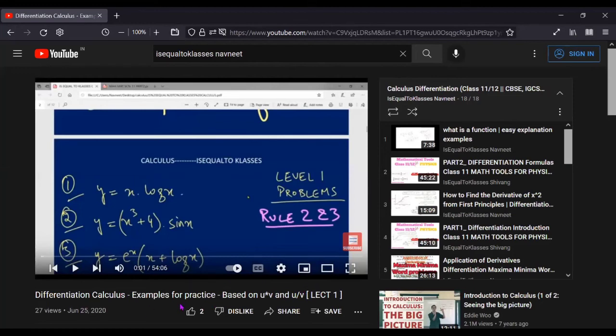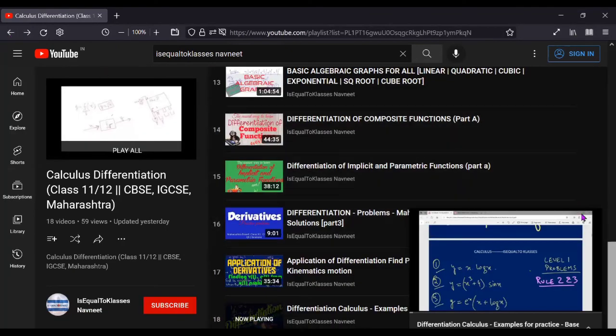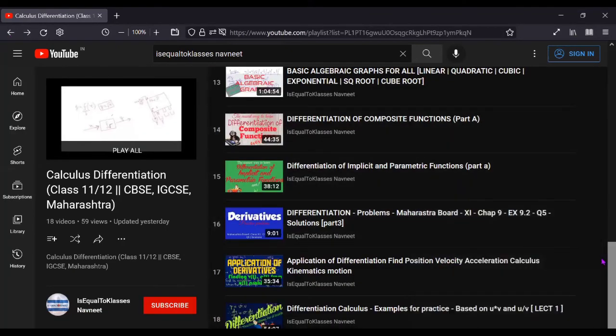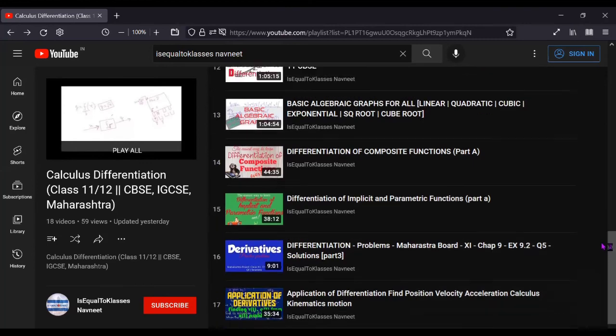So this is the lecture that is based on rule number 2 and 3. These are the tricky rules. The first one is simple. U plus minus V is simple. The tricky part is U by V and U into V. Is it making sense? Yeah.